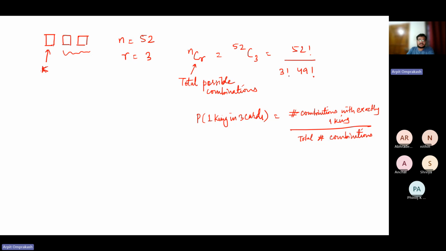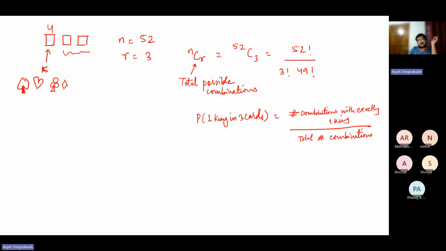And this king card can be from any of the suits: it can be a spade, hearts, club, or diamond. So we have 4 possible values that can come here.